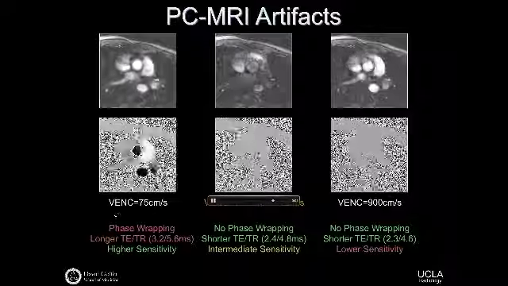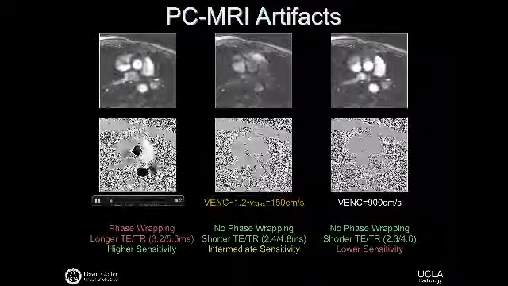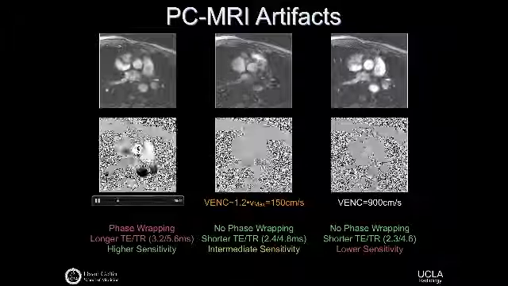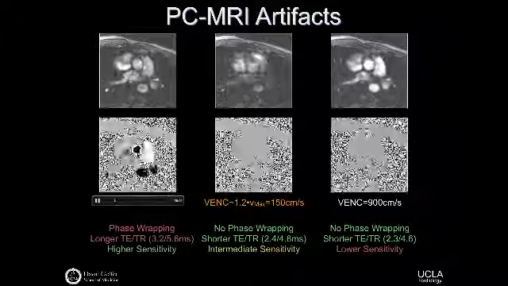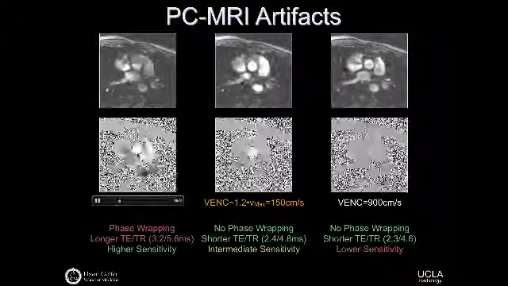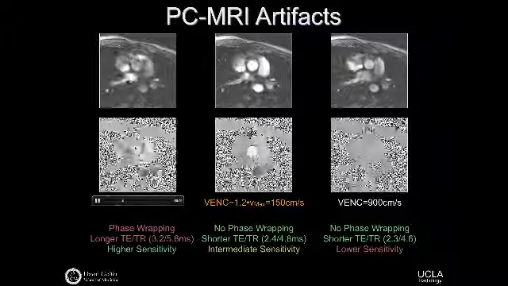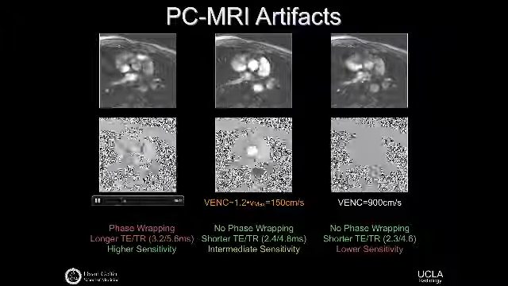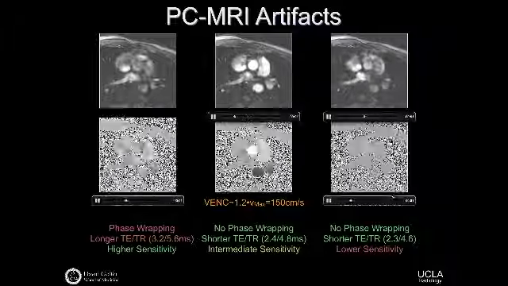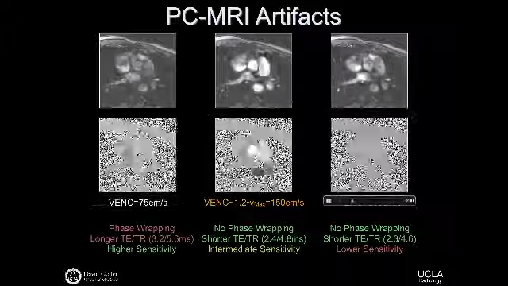If you choose your VENC too low, the problem is you get so-called phase wrapping. And if you look at this particular location here, you have what look like really high and really low flows. And this is just an artifact because you chose your VENC to be too low. You'll get an inaccurate velocity estimation when your VENC is set too low. On the other end of the spectrum, if you set your VENC really high, you won't have any sensitivity to measuring velocities.